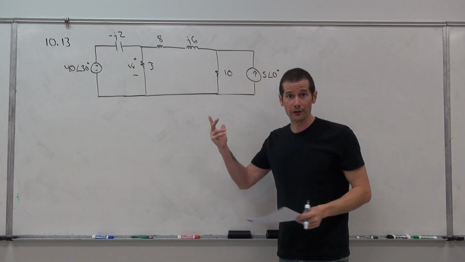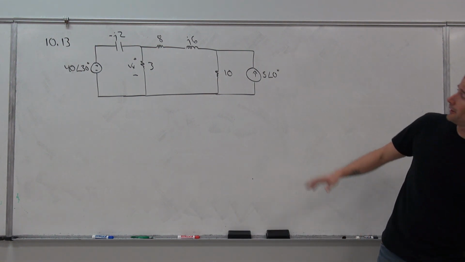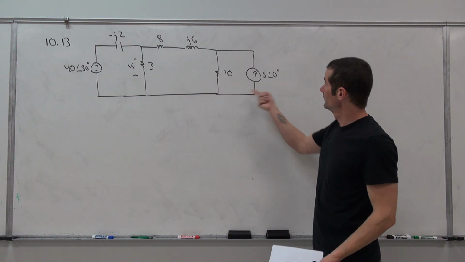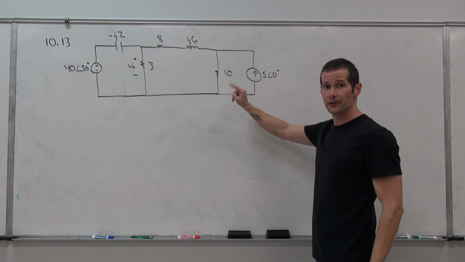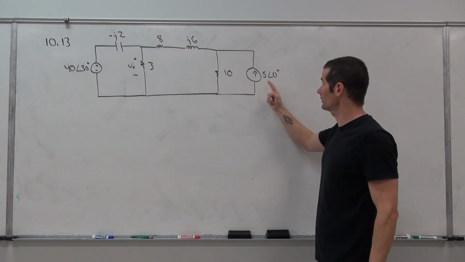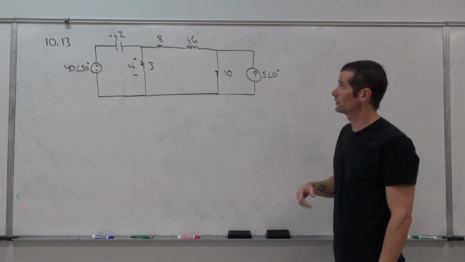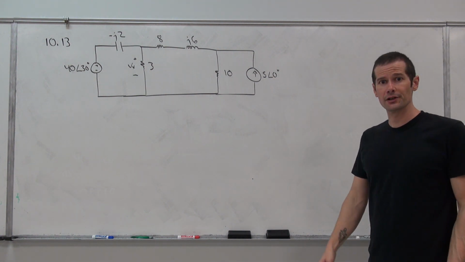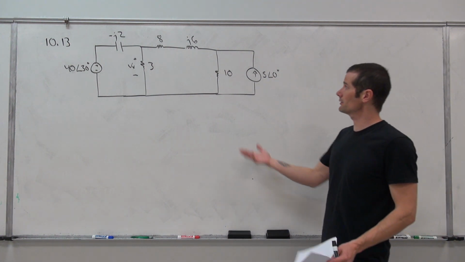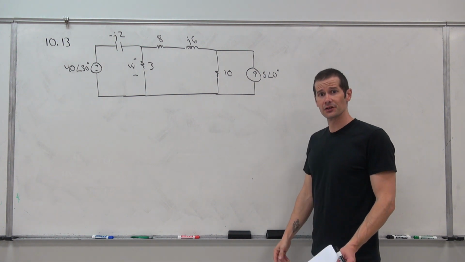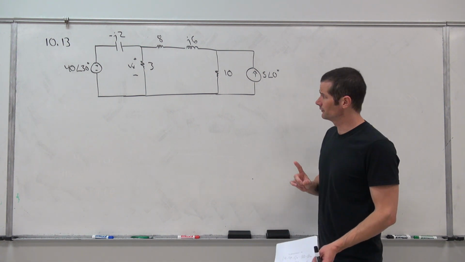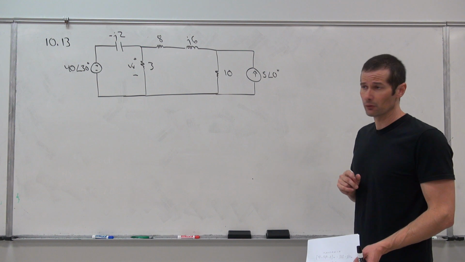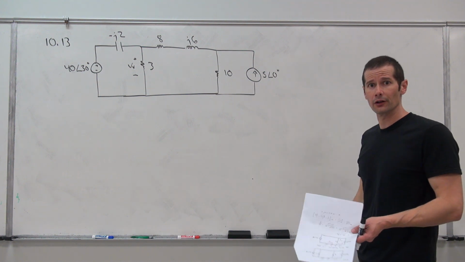Okay, so for here, if we actually don't consider source transformation from the parallel resistance of 10 ohms and also the current source of 5 at an angle of 0 degrees, then essentially we would have 2 equations, 2 unknowns. But with source transformation, we can convert this over and essentially just have one unknown node voltage, which is exactly what we're looking for, the voltage across the 3 ohm resistor.